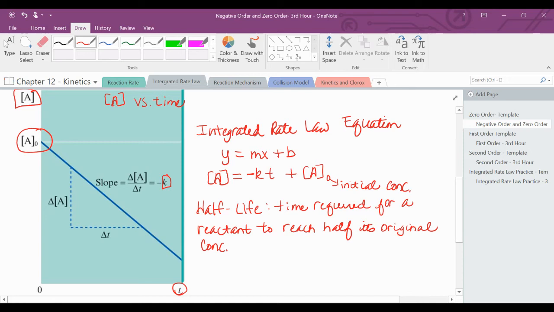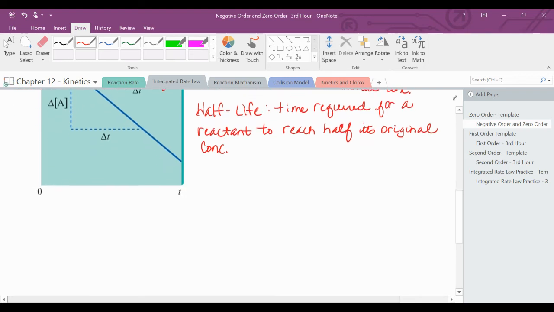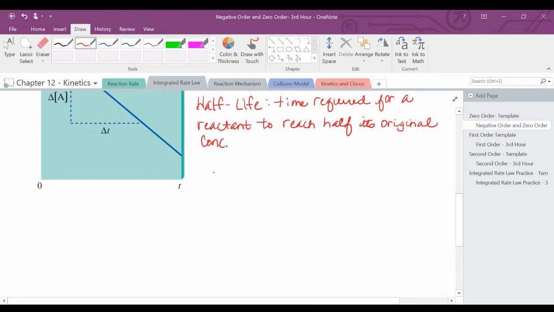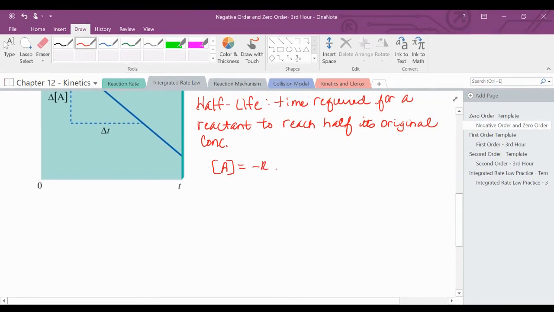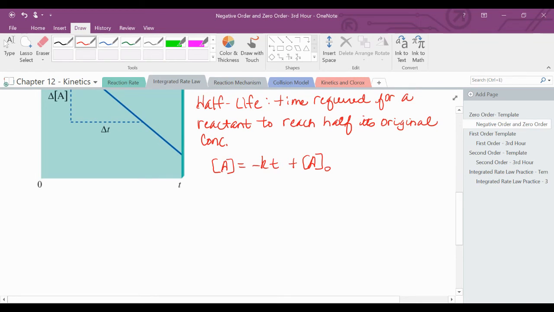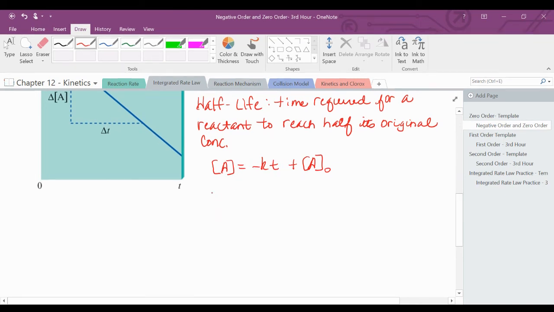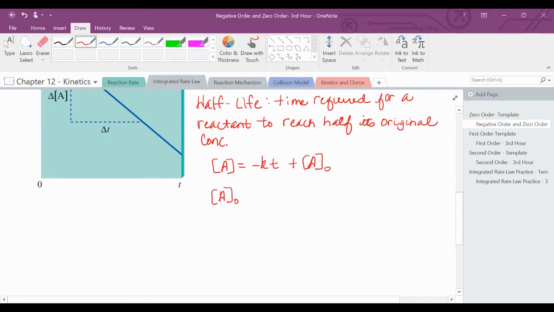Okay, so I'm going to rewrite our integrated rate law equation and then show you how from that we derive the half-life equation. All right, so if we're talking about half-life, then our concentration is going to be half the original.